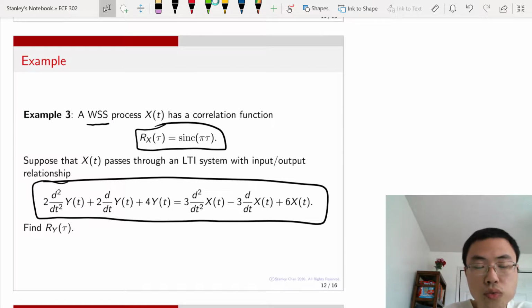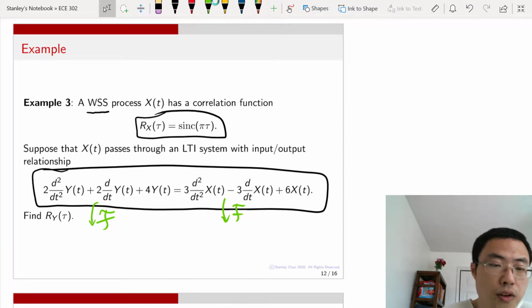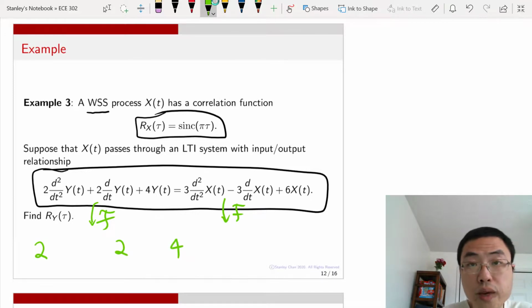Well, we know that if you take the Fourier transform on both sides, they are going to give you something. That is the transfer function of the system. First of all, when you take the Fourier transform, all these constants remain.